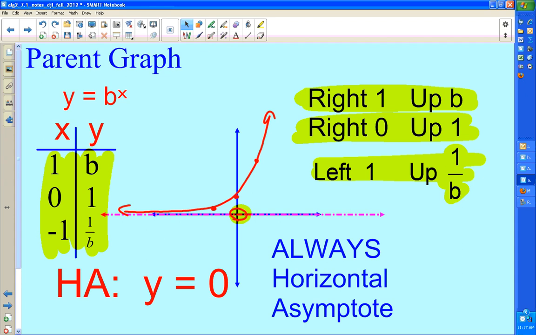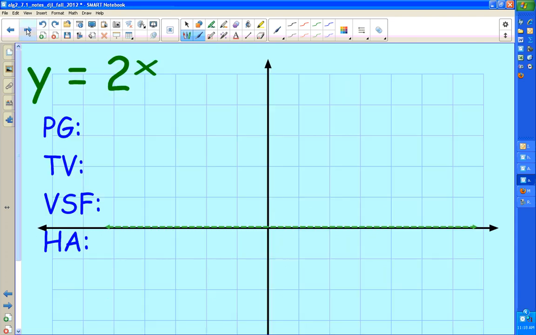If b is less than 1, I'll show you what it would look like, even though we're not going to focus on it right now. It would come down, like a plane landing, getting closer and closer to that asymptote. Right now, we don't want to think about b being between 0 and 1. We just want to look at b being greater than 1, so our graph is a takeoff.